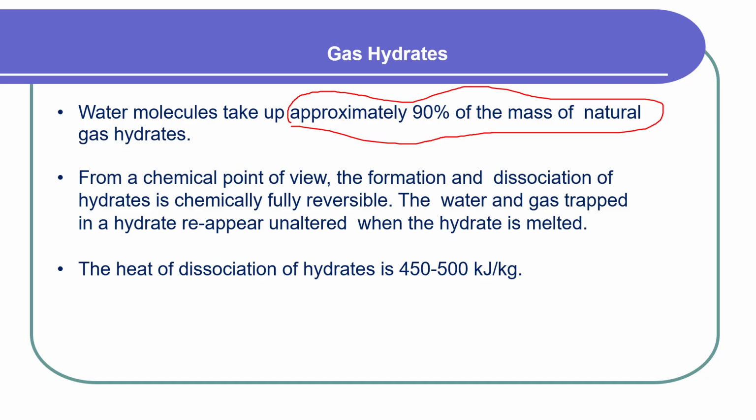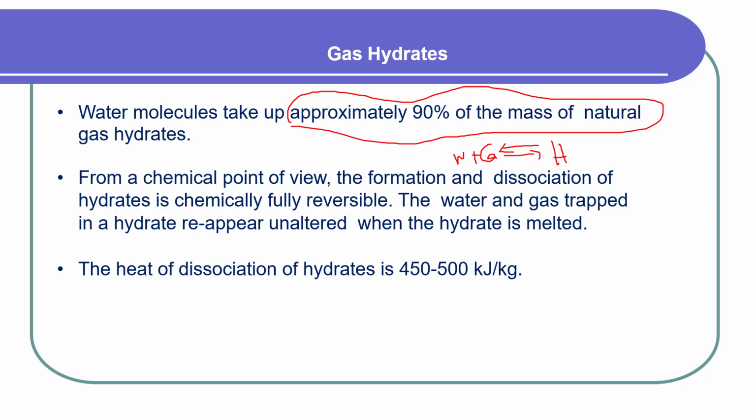And the second point that you need to keep in mind is that gas hydrate formation and dissociation is a reversible process, which means that if you have water plus gas, or the guest, to form hydrate, this process is reversible. You can dissociate or degrade this hydrate to release gas and water, and as I mentioned earlier, the gas and the water will be released unaltered. So it will be CH4 and water.